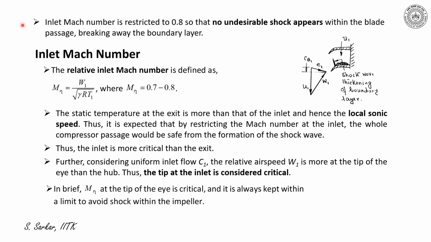Thus, the inlet Mach number is restricted to 0.8 so that no undesirable shock appears within the blade passage, breaking away the boundary layer from the surface as indicated in the figure. Let me now define the relative inlet Mach number as MR1 is equal to W1 divided by root over gamma RT1, where root gamma RT1 is equal to sonic speed.